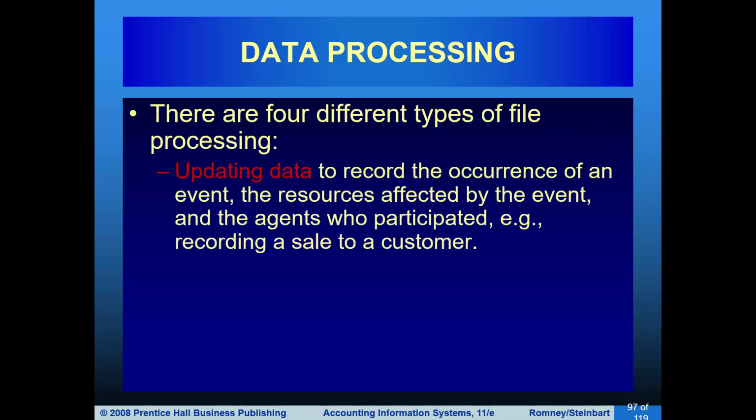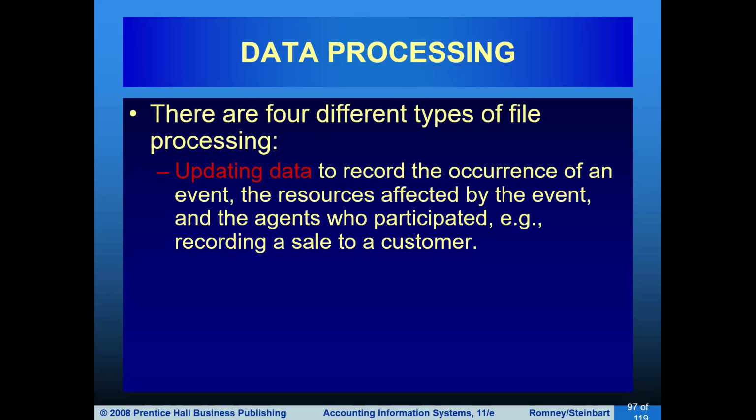There are 4 different types of file processing. One, updating data. Because regularly you want to update the data you have in your stores, right? You have to update the data. To record the occurrences of an event, the resources affected by the event, and agents who participated are changing their values.